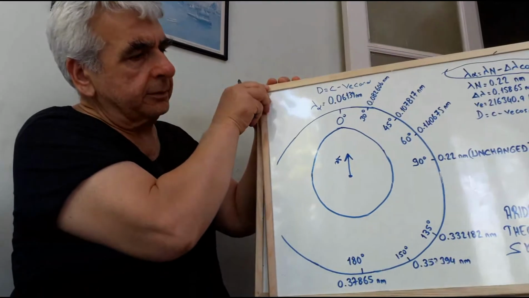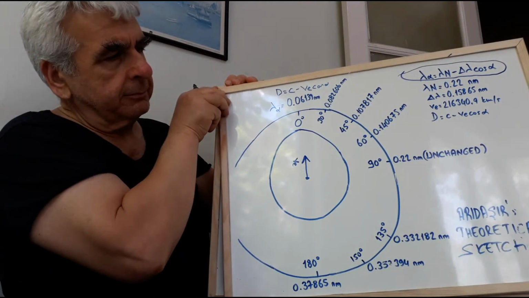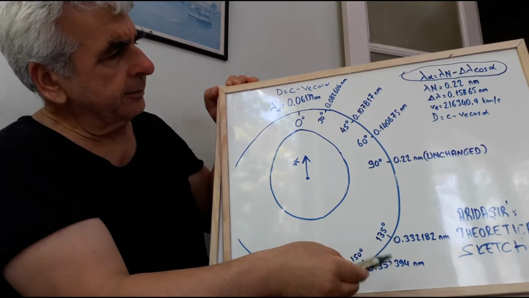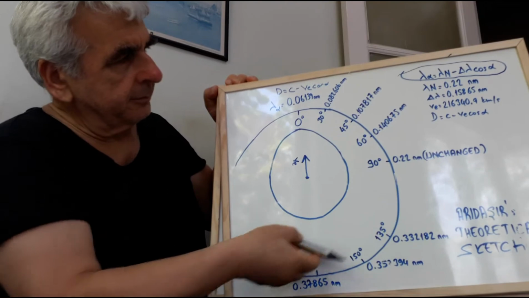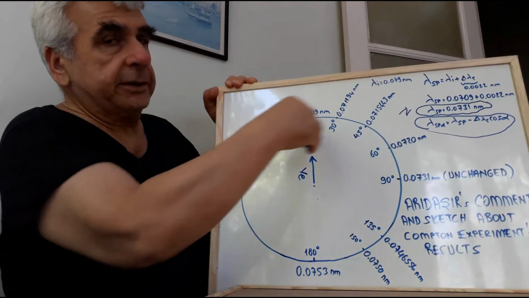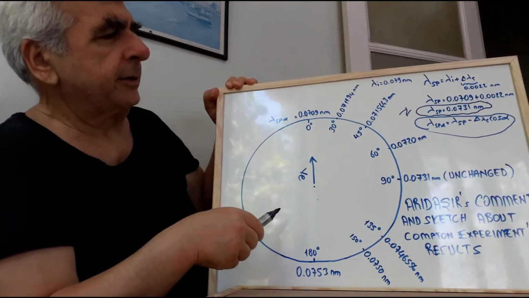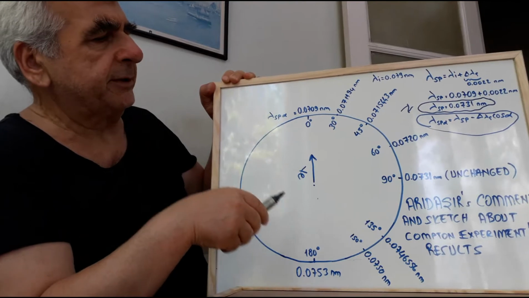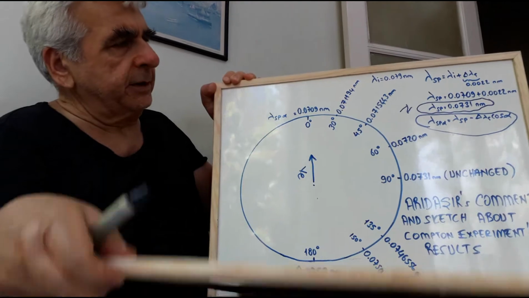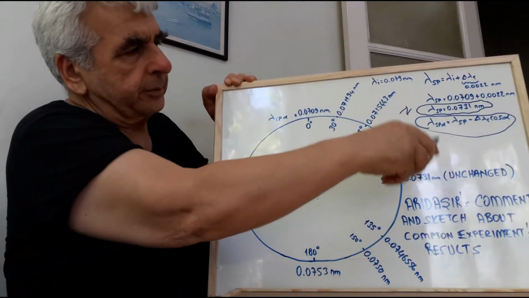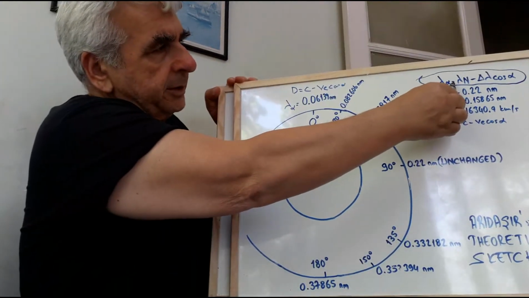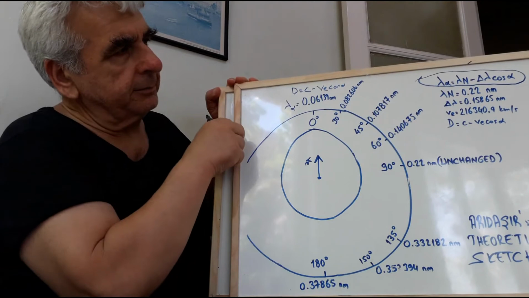Compare this one, my theoretical sketch here, changing, and compare the two of them. My comment and sketch about the Compton Experiment's results. This formula, similar, that I put forth as a comment, similar. Okay.